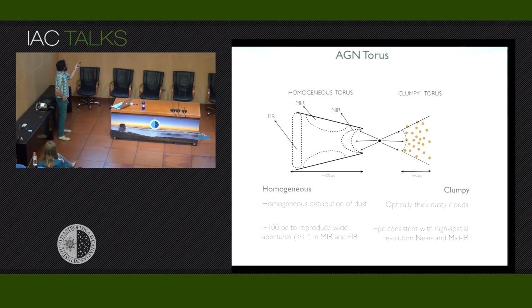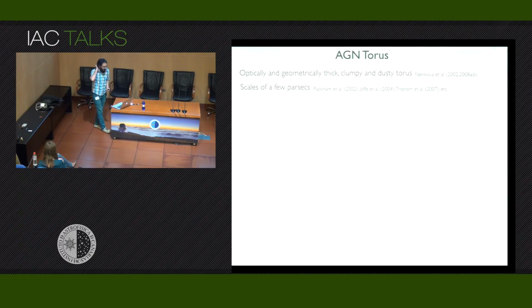Each clump is optically thick, and this few parsec torus is consistent with the high spatial resolution in the near and mid infrared. So now we think that the torus is basically an optically and geometrically thick, clumpy, dusty distribution, on scales of a few parsec.